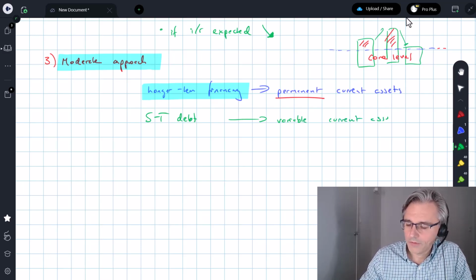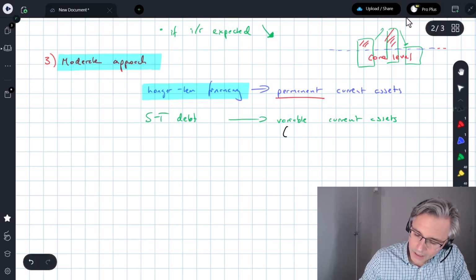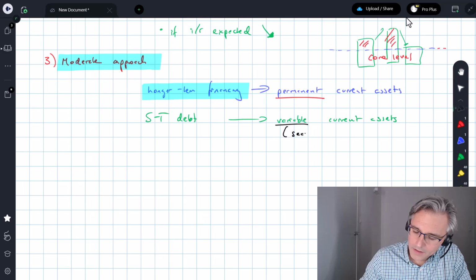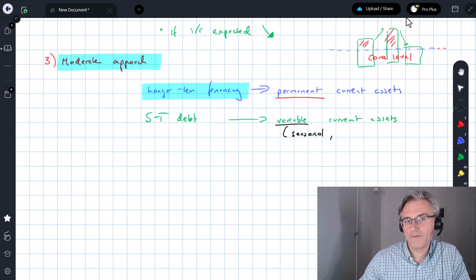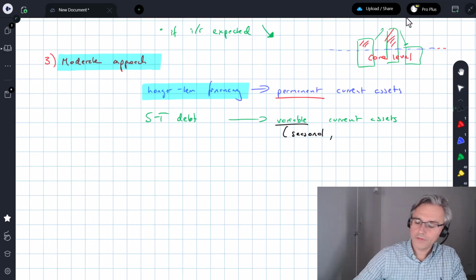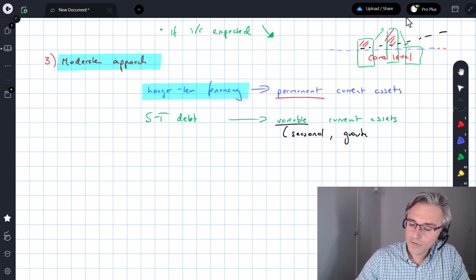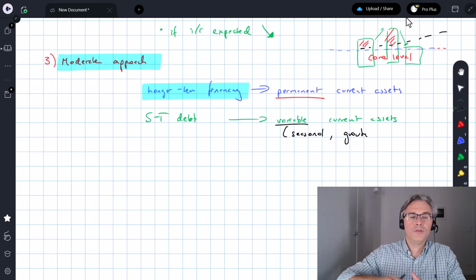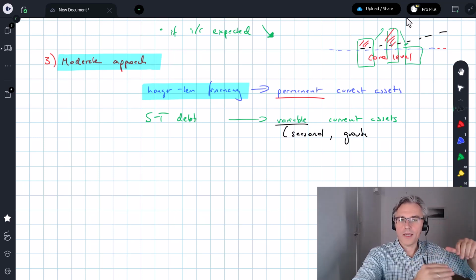So, for example, those spikes in inventory, and that variability may be seasonal, or it may result from planned growth. So it doesn't have to be seasonal. You may be planning to grow, but in the meantime, you're not piling on additional long-term debt to fund those growing current assets.